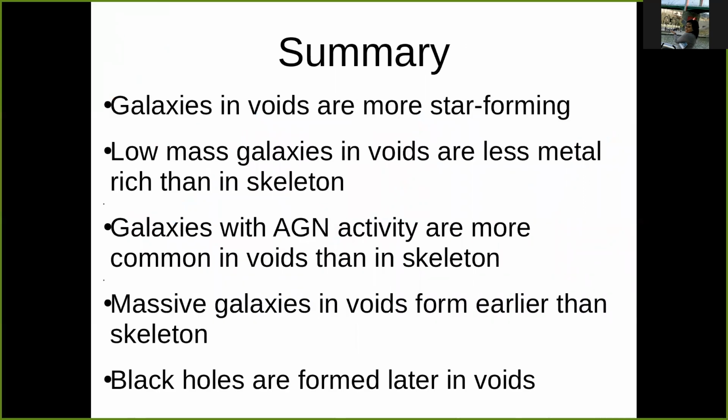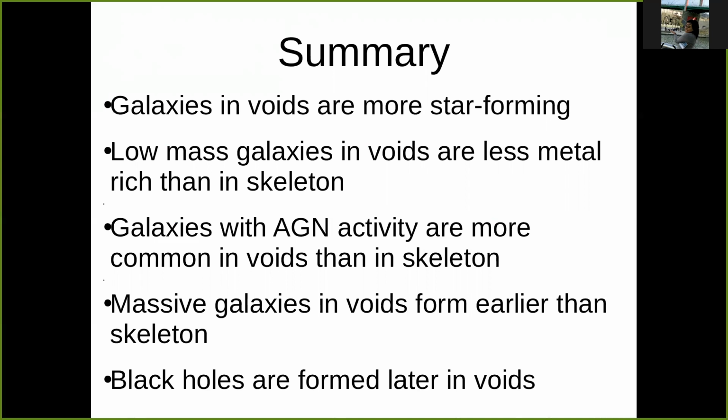Just to finish, let me give a summary of my results. Remember that all the results that I show here are using the same stellar mass distribution as the inner void galaxies, but in different large-scale environments. So we found that galaxies in voids are more star-forming.